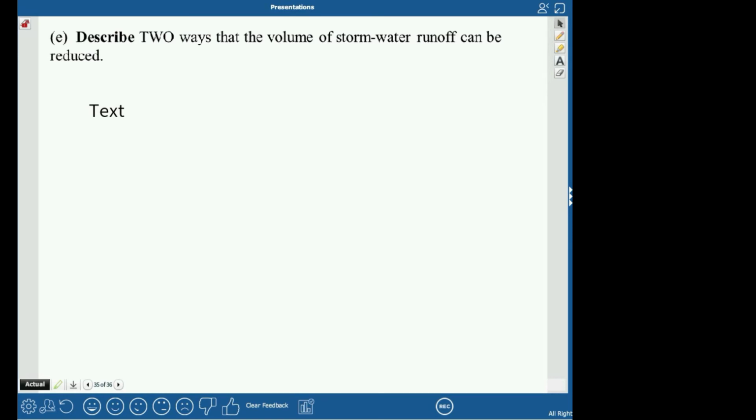Yeah. We could use a filtering system before water gets to the waterways or wherever it needs to go. We could have less impervious surfaces, right?